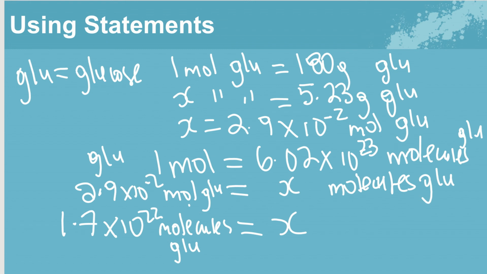Just to repeat, we have our conversion factor, which is our molar mass. Remember, we need molar mass to interconvert between moles and grams. So we cross multiply and make X the subject of the formula, and once we do that, we get 1.7 times 10 to the 22 molecules of glucose.